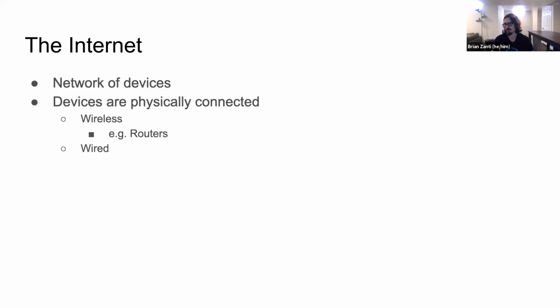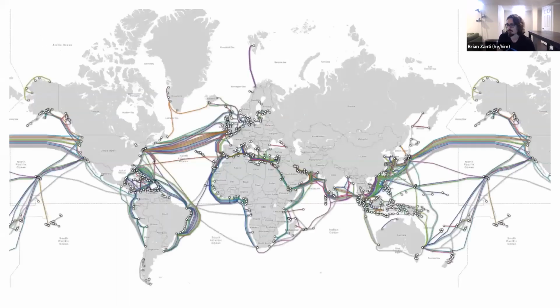There are also wires. There are physical wires connecting devices together. This is what a fiber optic cable might do. It might connect something from the US to something in Europe. In fact, I want you to take a look at this map here. This map is the fiber optic cable map across the entire Earth.